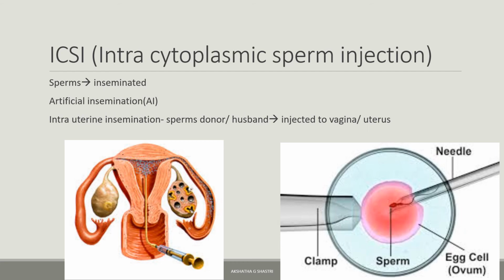This can also be corrected by using one more technique called artificial insemination, AI. In this technique, the semen is collected either from a husband or from a healthy donor, and that is artificially introduced either into the vagina or into the uterus, and this is called intrauterine insemination, IUI.